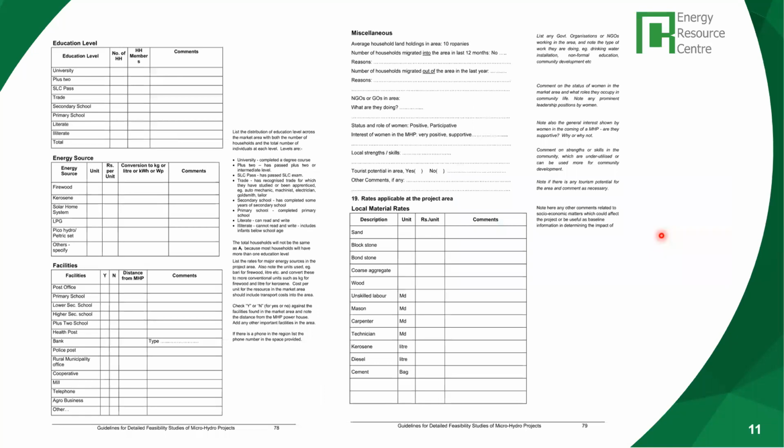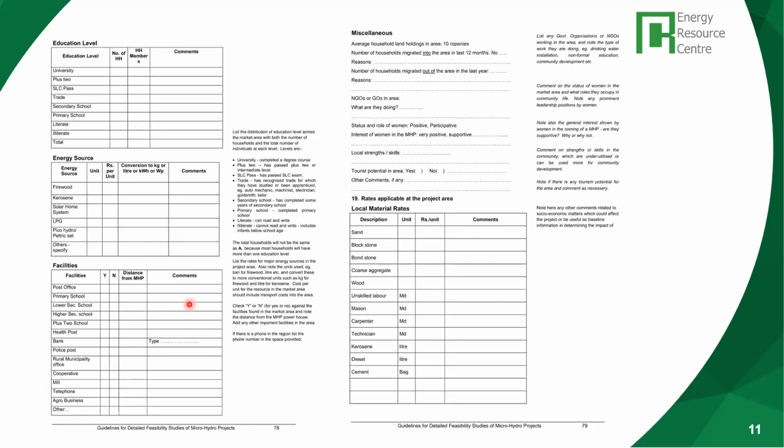What are the other energy sources? Are they using firewood, kerosene? Are they using solar home systems? Are they using liquid LPG gas? Are they using other sources of electricity? Energy is also important because the mini hydro may replace some of these other sources of energy. What are the facilities available in this area?